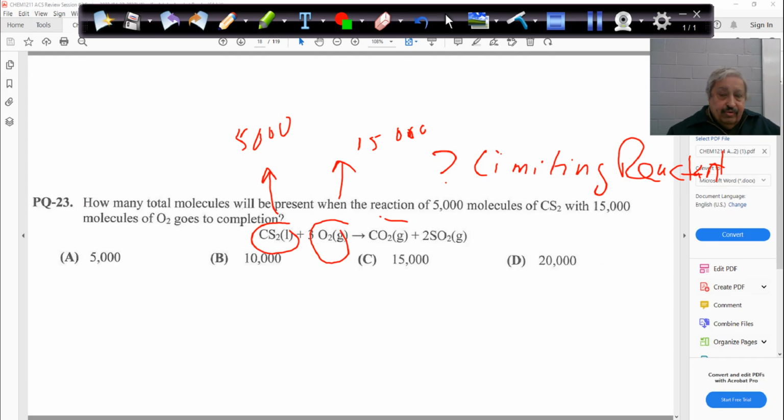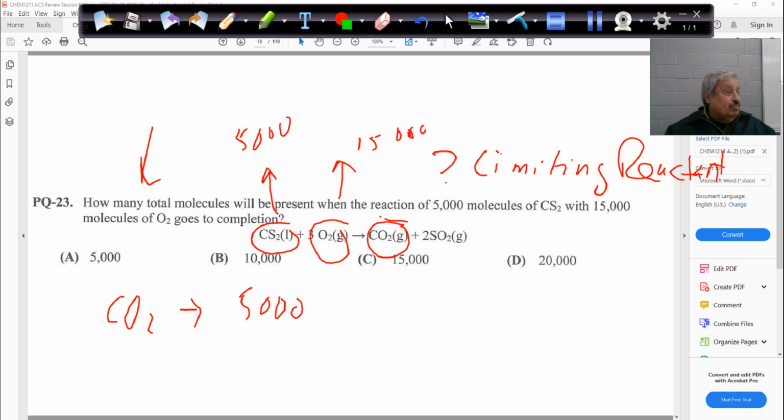Now, if we want to take CO2 as a product, for example. But they are asking you now not the limiting, they ask you the total. So for the CS, how many do we have? 5,000, correct?